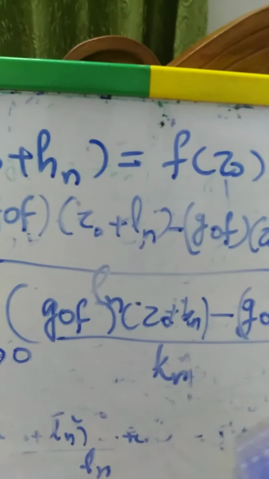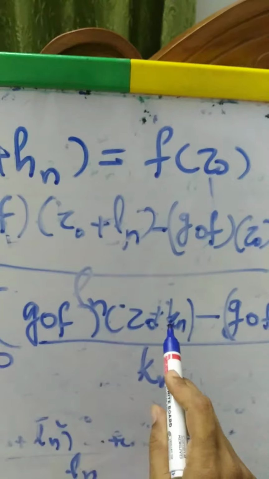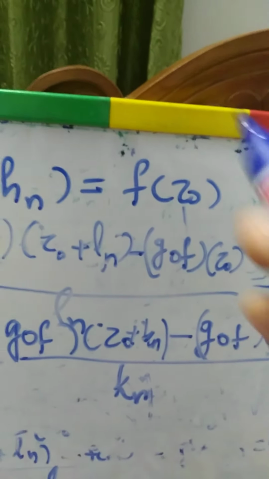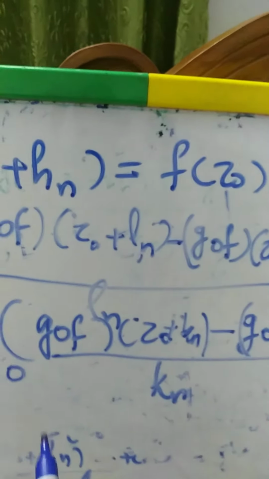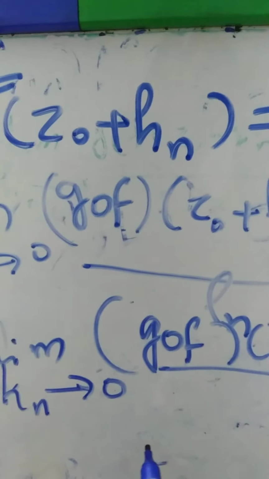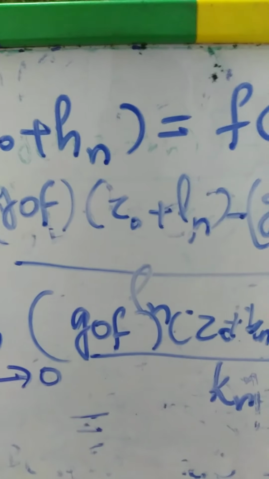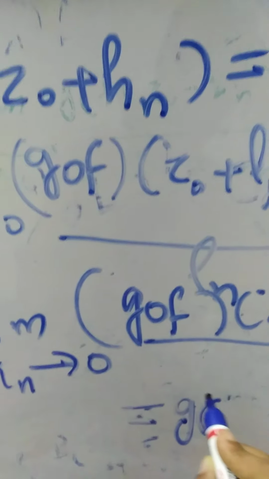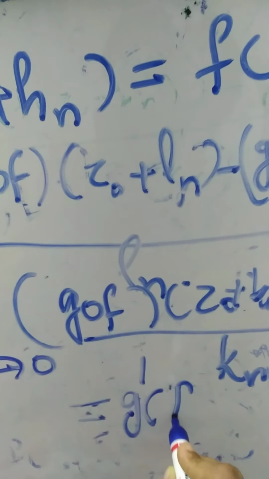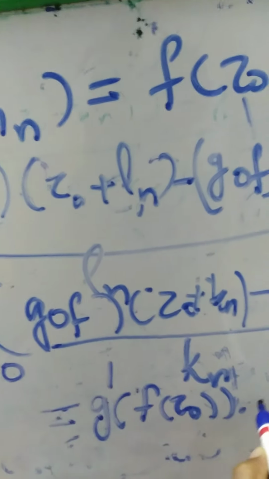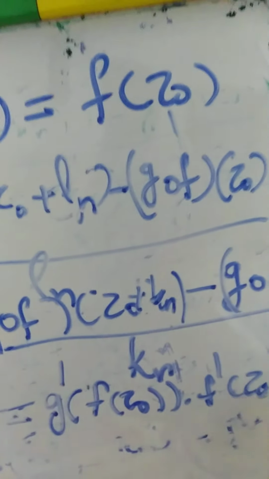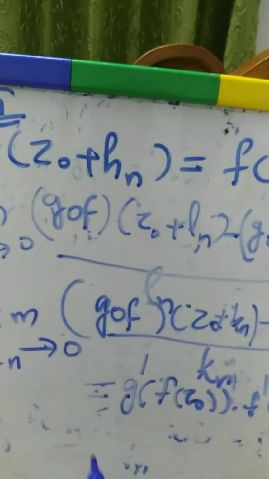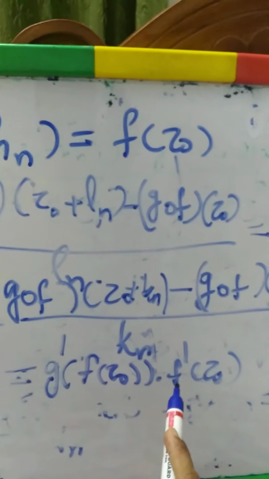By the first part of the proof, here f of z naught plus kn is not equal to f of z naught. So by using the first part of the theorem, you can say that this must be equal to G dash of f of z naught into f dash of z naught.